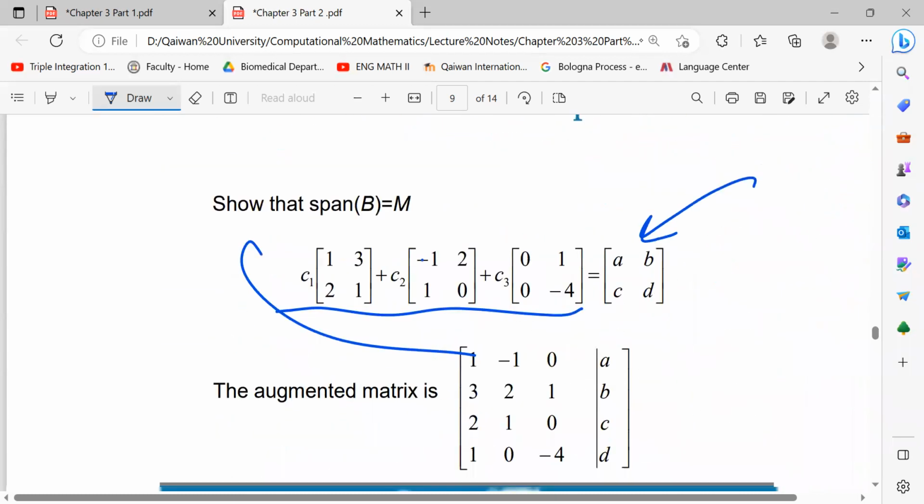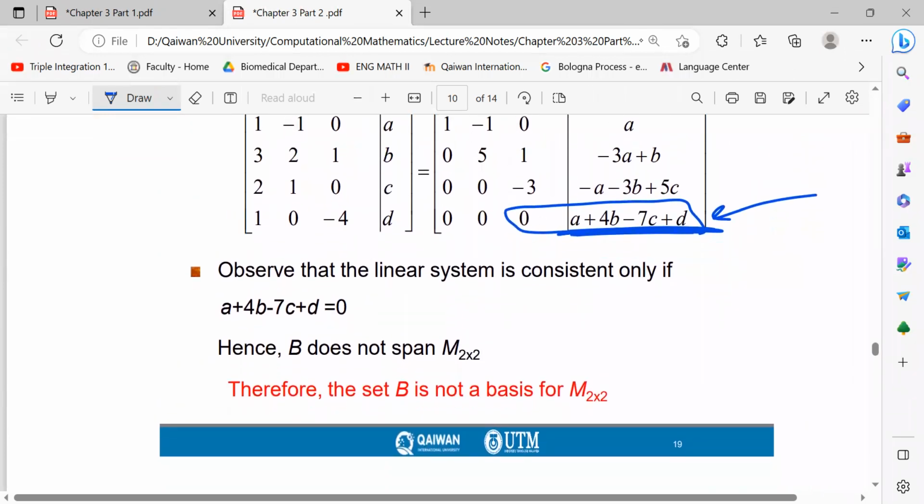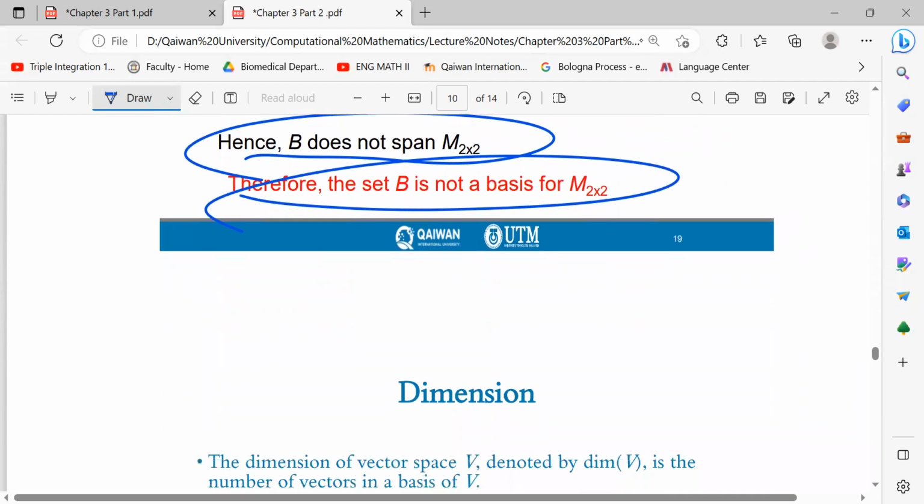So these three matrices don't span M22. Therefore, B is not a basis of M22. If it doesn't satisfy one of the conditions, we say it's not a basis.